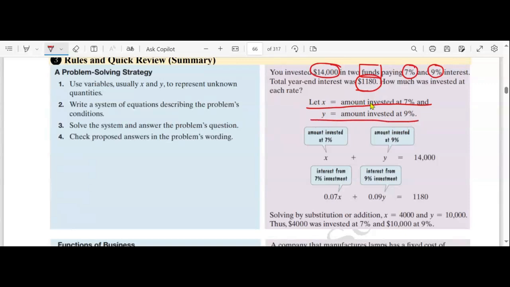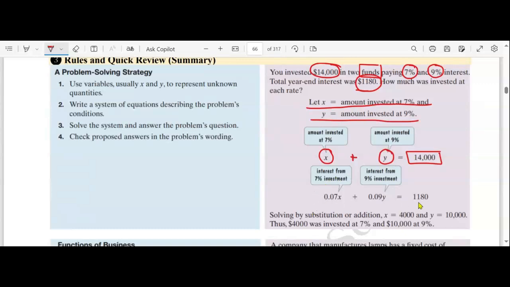So let X be the amount invested at 7%. Let Y be the amount invested at 9%. You don't know how much is invested in 7%, so X, plus how much in 9%, Y. Both of them together total $14,000.